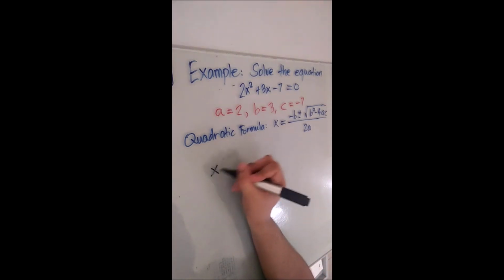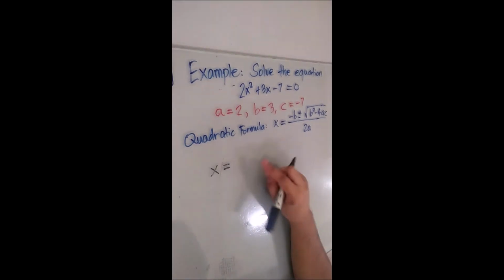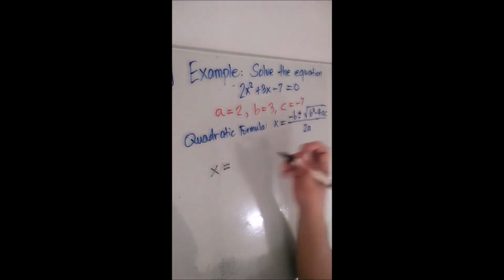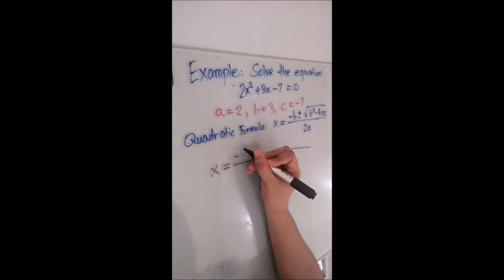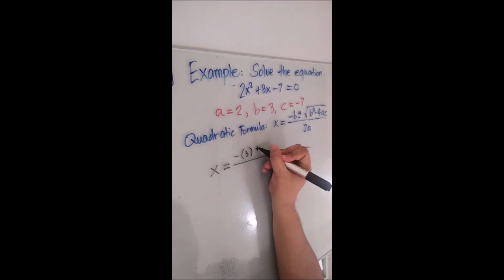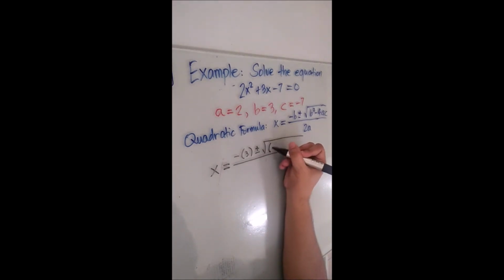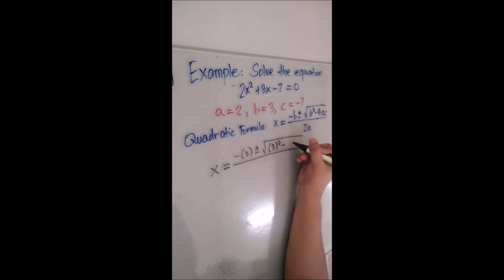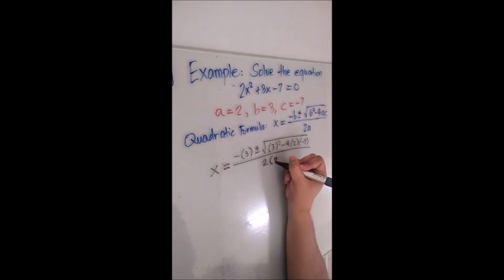So we have x is equal to, you substitute the values. b is 3, so negative 3 plus or minus square root of 3 squared minus 4 times 2 times negative 7 all over 2 times 2.